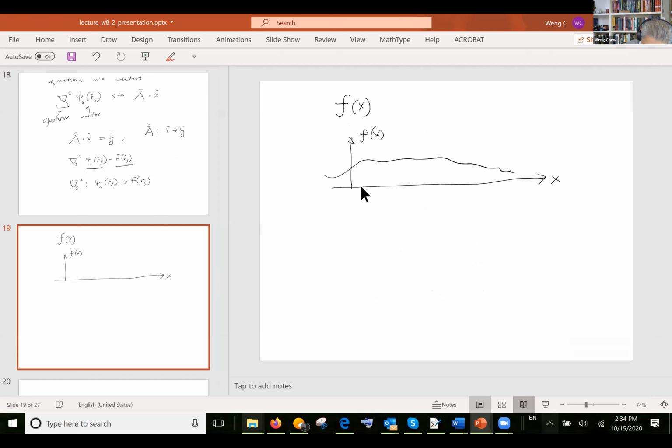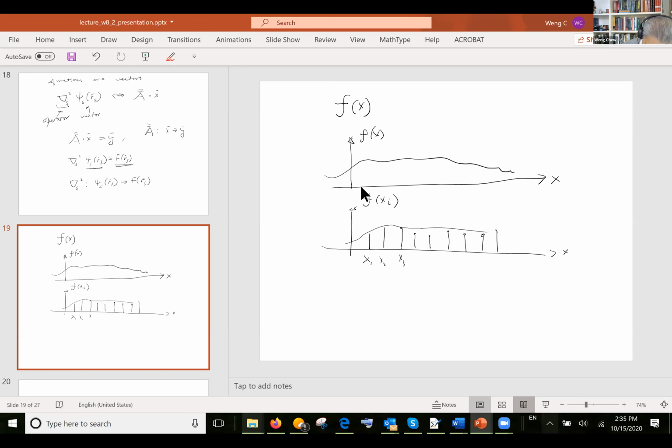The function is something like this, and it's a continuum function, so it takes infinitely many numbers to represent this function. However, in the real world, when you go to the computer, you digitize it at certain locations, and you might call these x1, x2, x3, and so on, maybe xn.